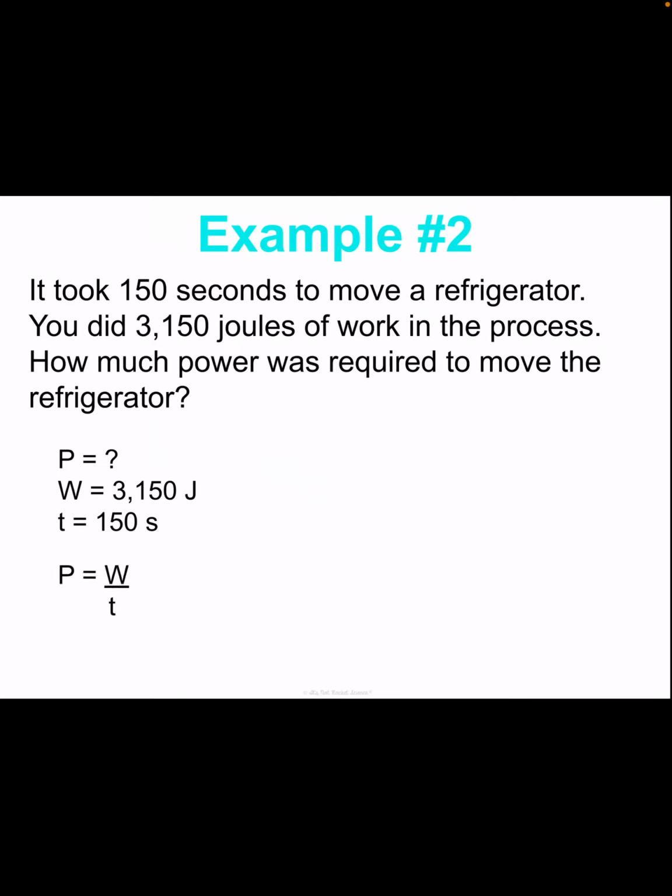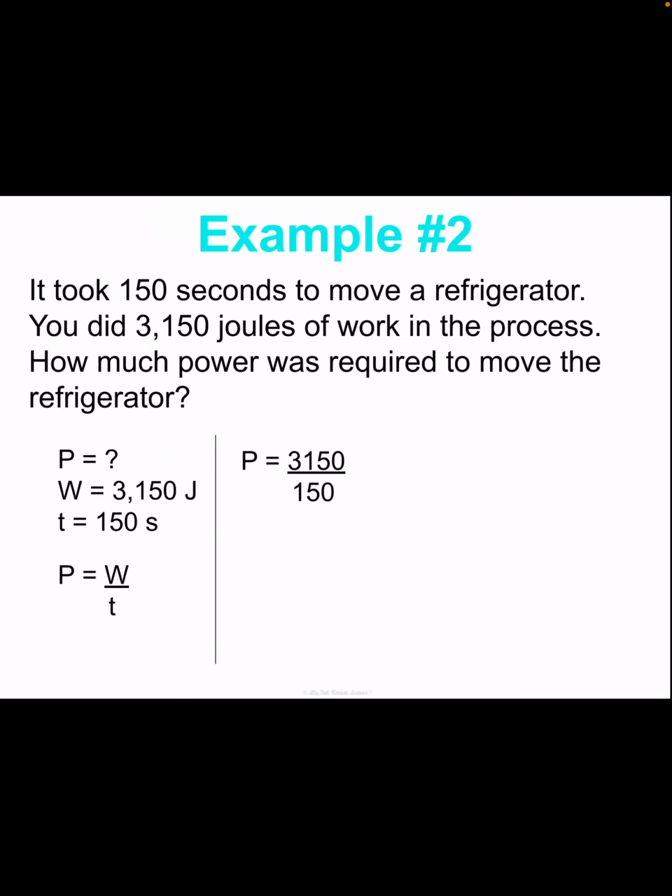That's the equation that I'll need to use to solve for P. So I plug in 3,150 for work and 150 for time.